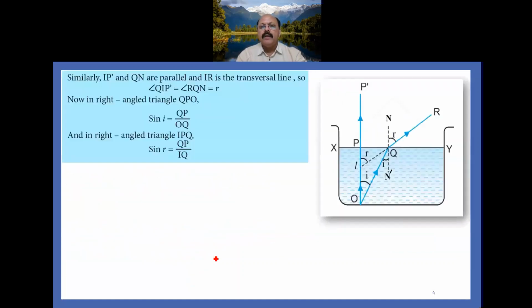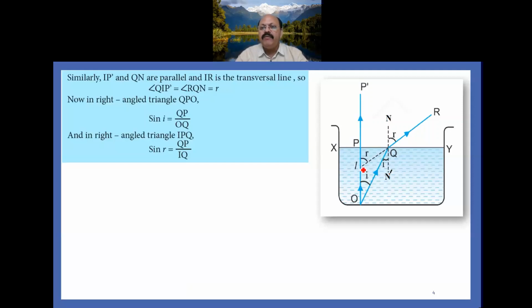Now similarly, what happens when the ray is refracted along QR? The image of the object O can be formed only when the refracted ray QR is extended in the back direction.